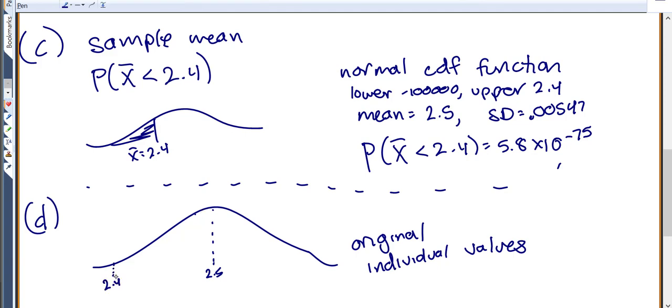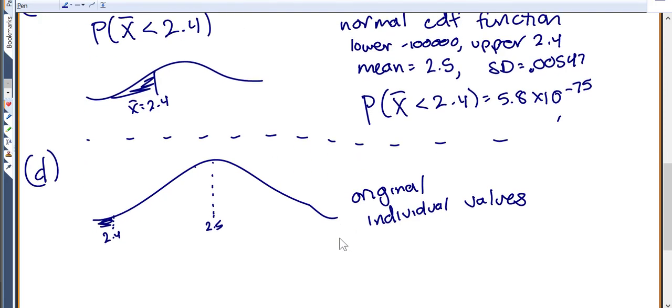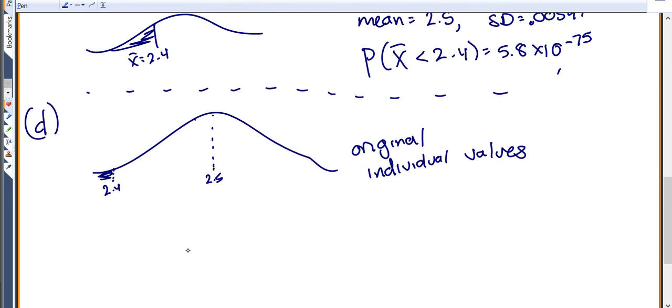Here's my 2.4. So there's some kind of probability that you're less than 2.4 for your individual values. But then if we keep it on the same scale, the distribution for all the possible sample means looks much more like this. It's always going to be skinnier. That's because your standard deviation is smaller. So here's my same 2.4, but notice this probability is going to be much smaller.